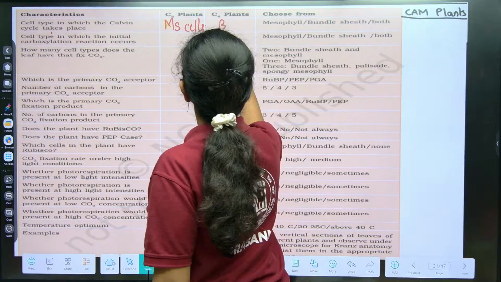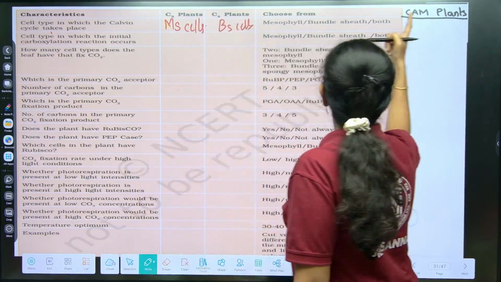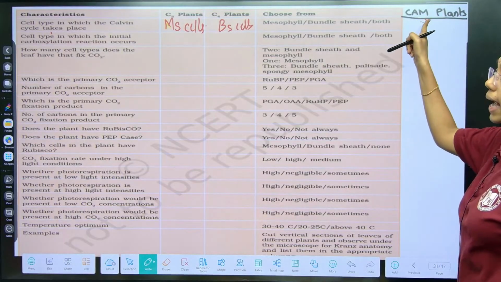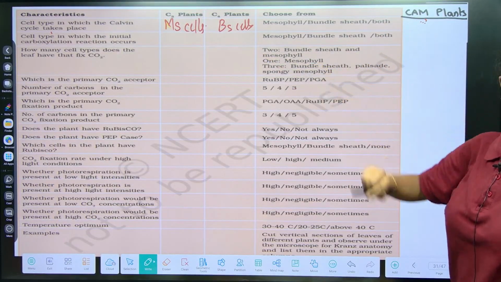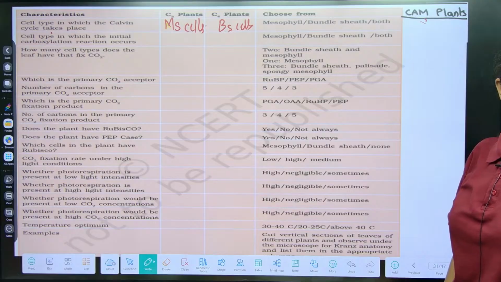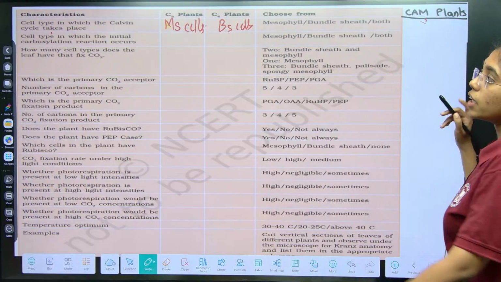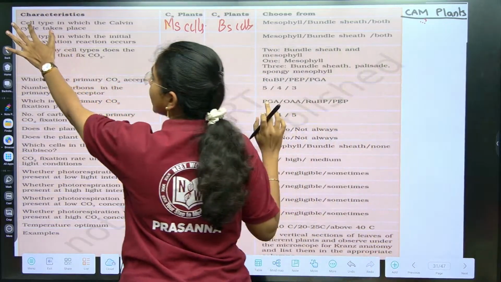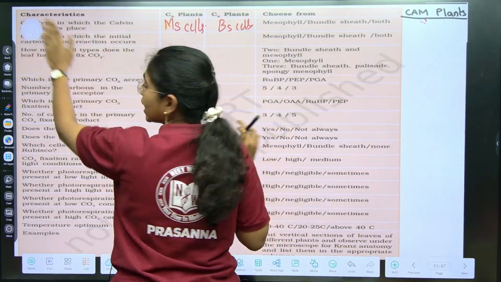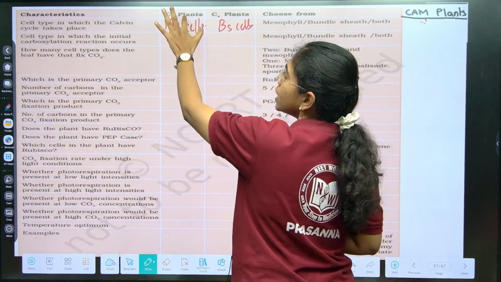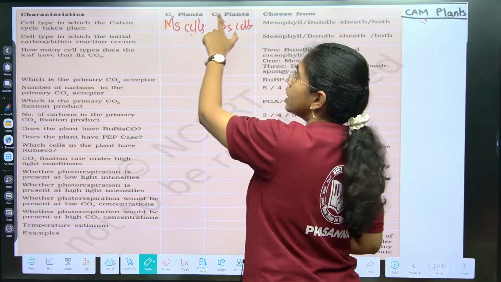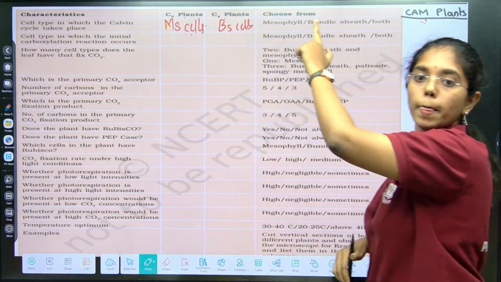Bundle sheath cells. In CAM plants, where does Calvin cycle take place? I am asking you about the cell type in which Calvin cycle takes place. C3 plants, mesophyll cells. C4 plants, bundle sheath. CAM plants, mesophyll.